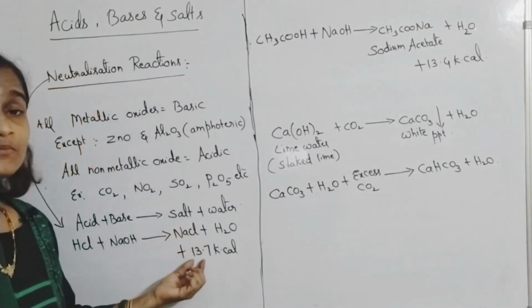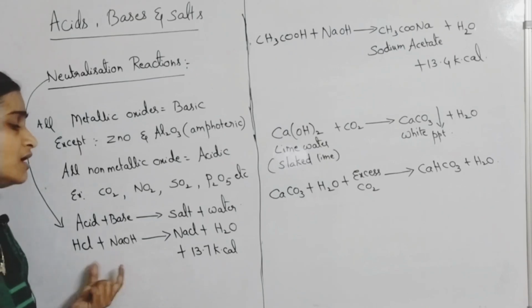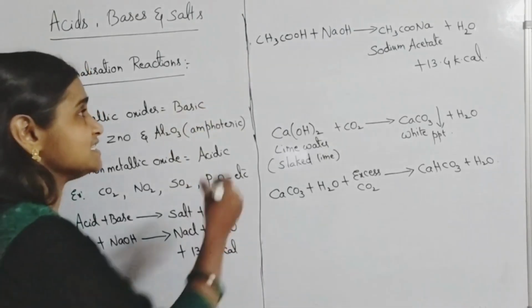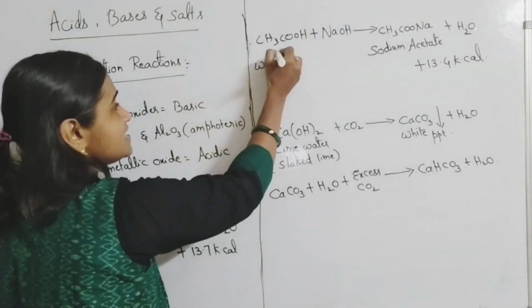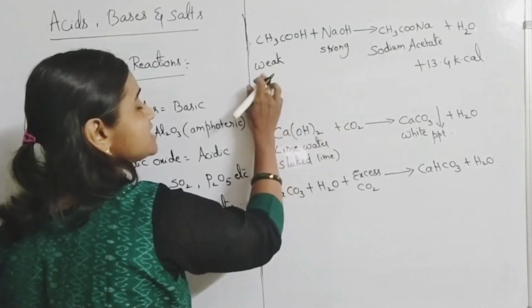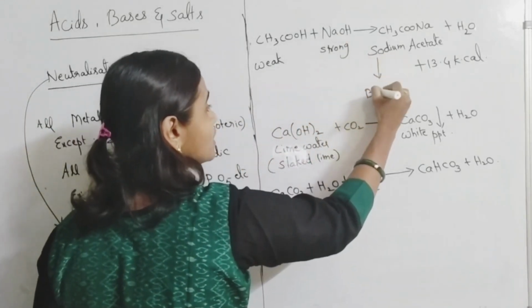If both acid and base are strong, the heat liberated is 13.7. But here you took a weak acid. The acid is weak, the base is strong, and the salt formed is a basic salt.